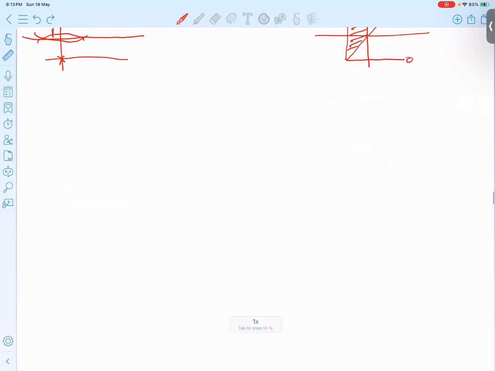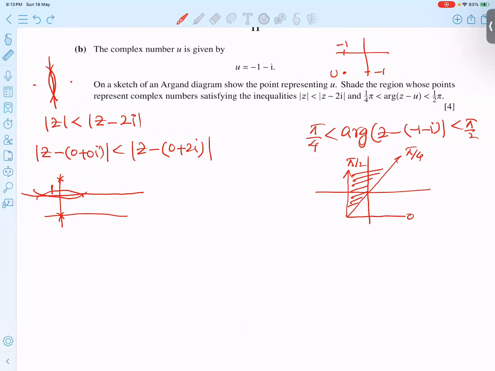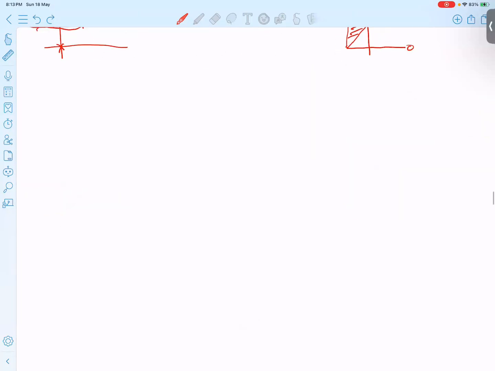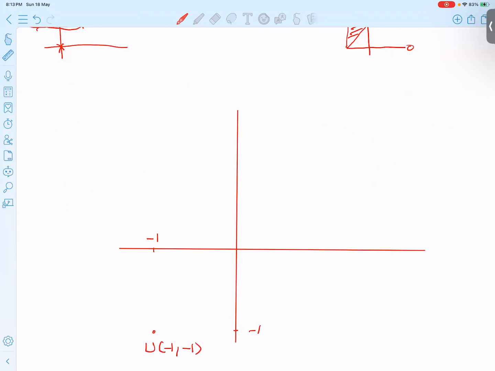So, lower portion, as a teacher, I suggest you must make a rough diagram the way I made. Now, students, I'm going to make an accurate diagram. So have a look, and I believe, inshallah, you will understand. So this is a 1 and 1. This is very clear. -1 and -1. This point you have to label u, -1 and -1. And this second locus, this is 1 and this is 1 as well.